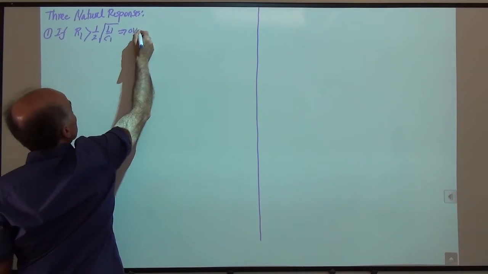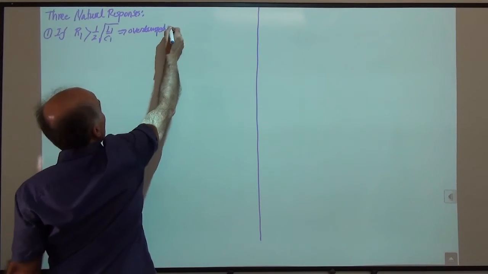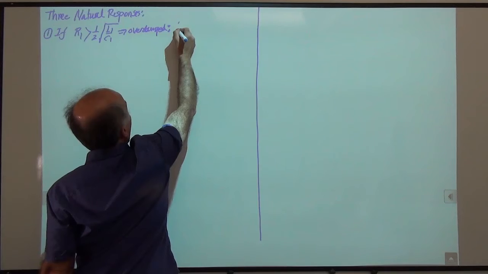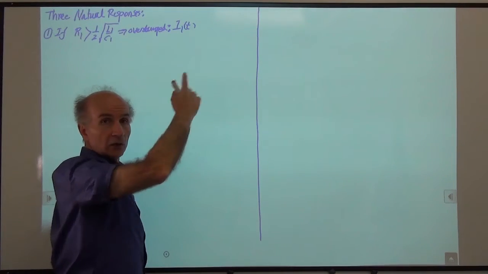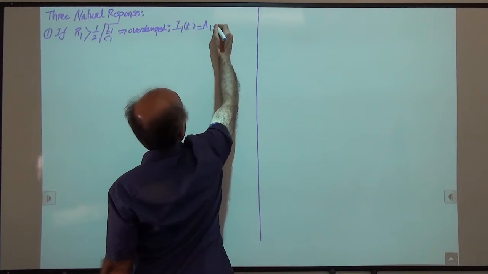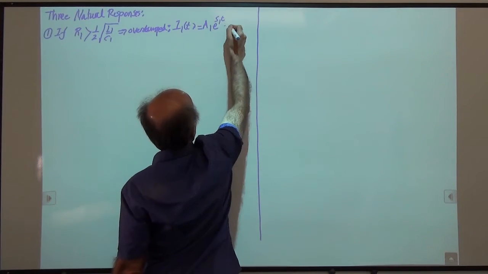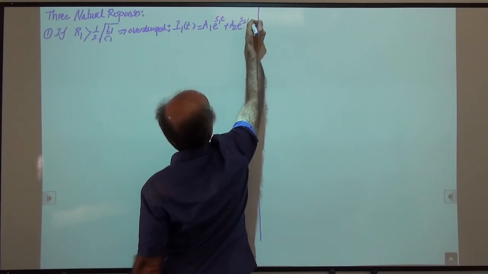What we have is I1 of t, the current that flows through the entire loop, given by A1 e to the s1t plus A2 e to the s2t.